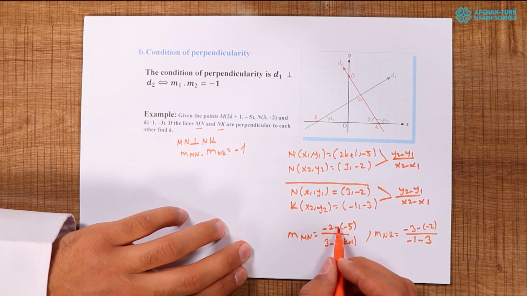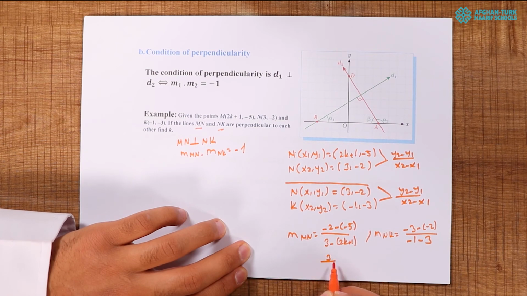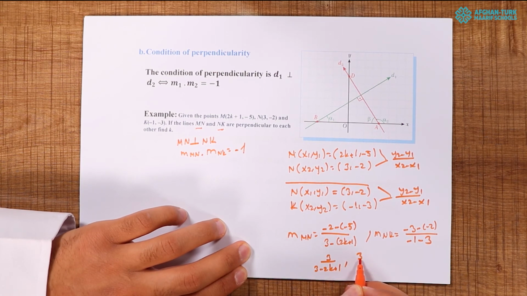So -2 plus 5 is equal to 3 over 3 minus 2k plus 1, which equals 3 over 2 minus 2k, okay? This is the slope of MN.